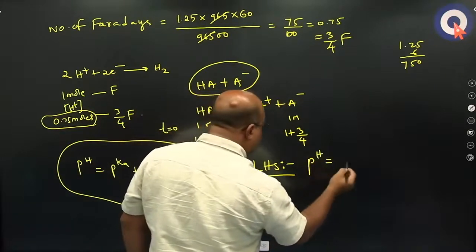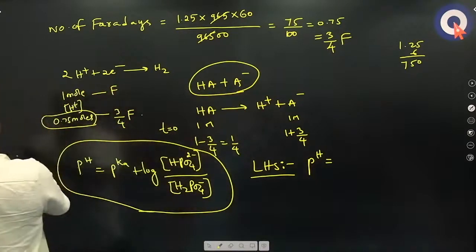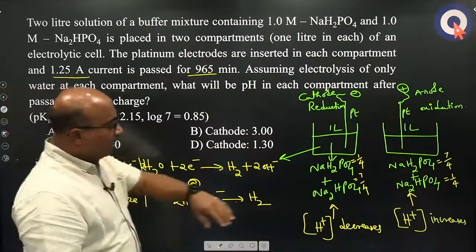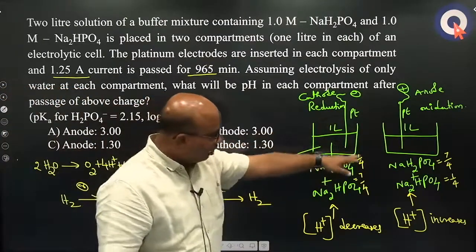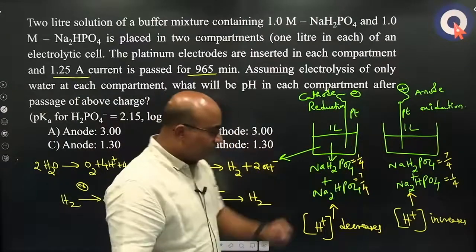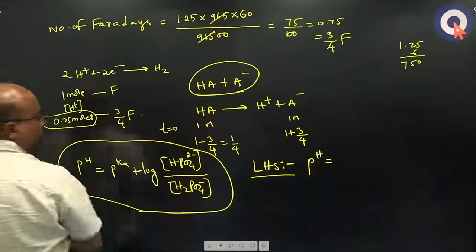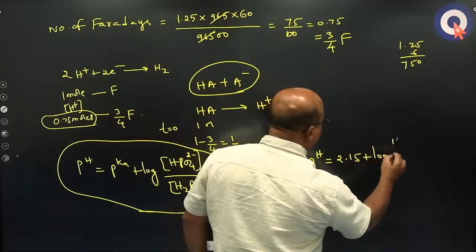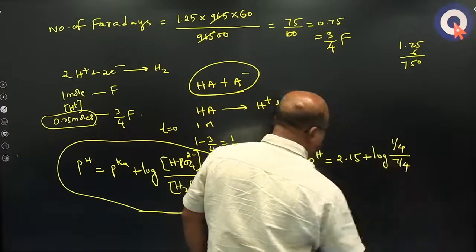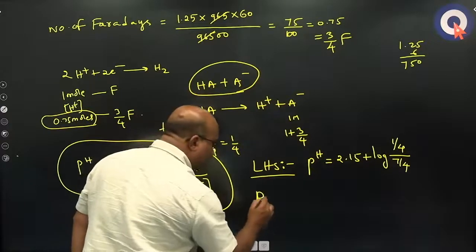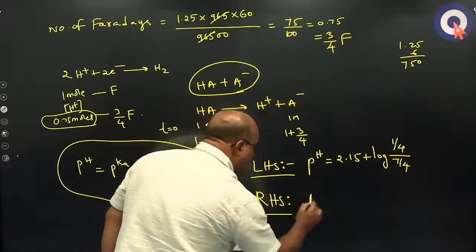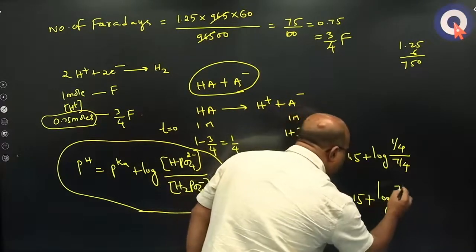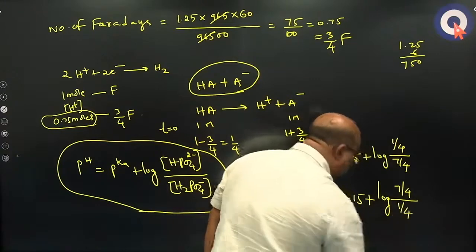The pKa value given is 2.15. But in the left side compartment, the concentration of acid is 1/4 and the salt concentration is 7 by 4. So it is 2.15 plus log of 7 by 4 by 1 by 4. For the RHS, the right side compartment, pH is equal to 2.15 plus log of 7 by 4 by 1 by 4, reversed. That's it.